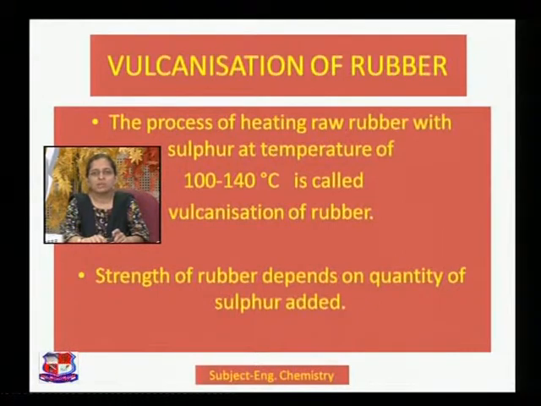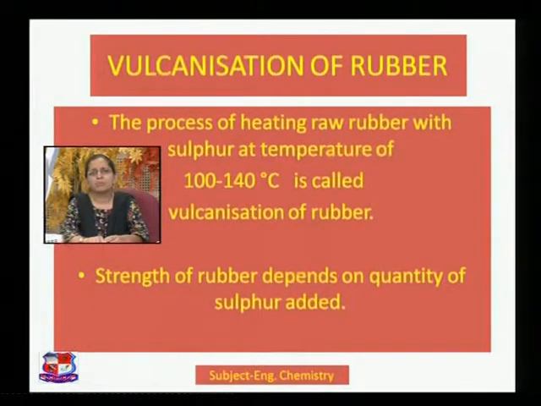We take raw rubber, add sulfur, then heat it to a temperature of 100 to 140 degrees Celsius, and we get the rubber called vulcanized rubber, which is of a greatly superior quality compared to natural rubber.